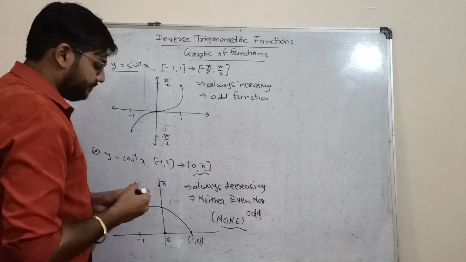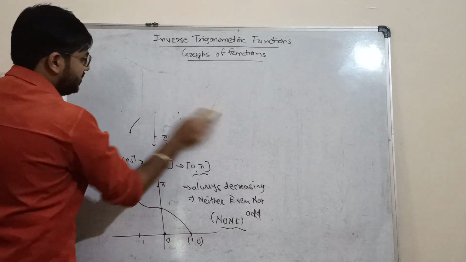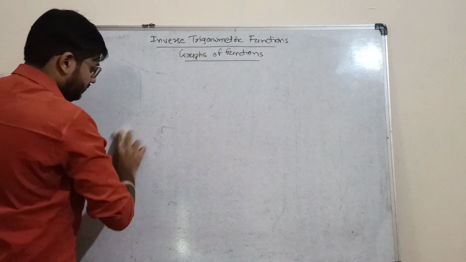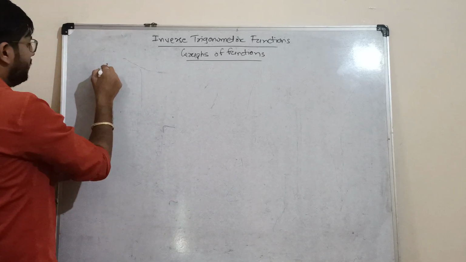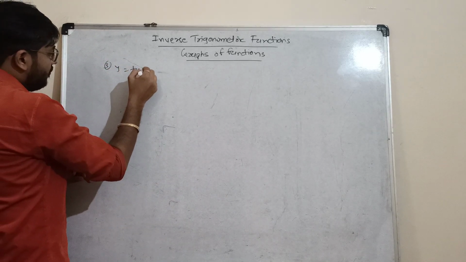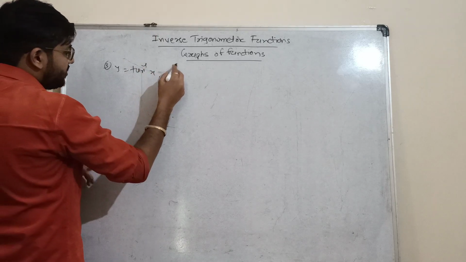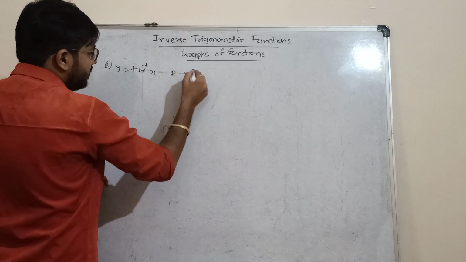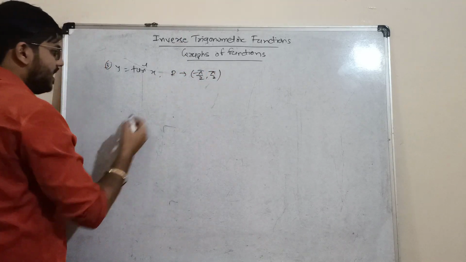Okay, then let's talk about the graph of tan inverse and cot inverse. Number 3, let's talk about the graph of y equals tan inverse x. We know that it has domain R and range minus pi by 2 to pi by 2.